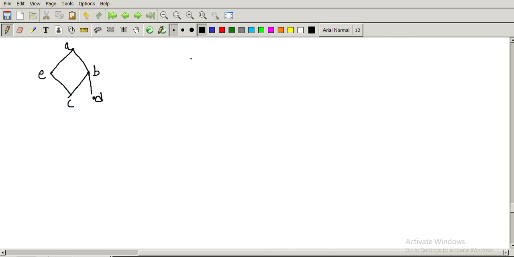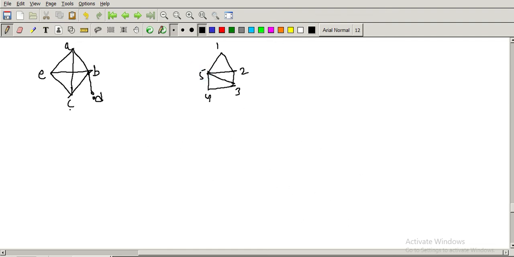Okay, and we have these edges. Then we have this another graph, which is this, right? So we have 1, 2, 3, 4, 5, right? So these are the two graphs, right?